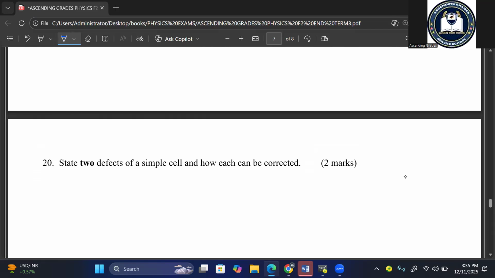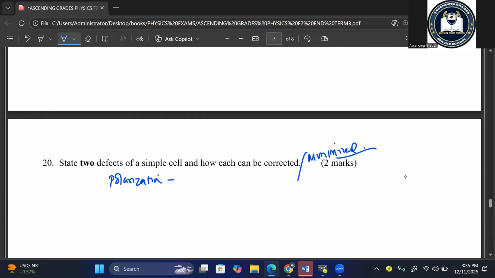State two defects of a cell and how they are corrected, or how they can be minimized. So you can say we have polarization, and this is the production of hydrogen bubbles on the copper plates.